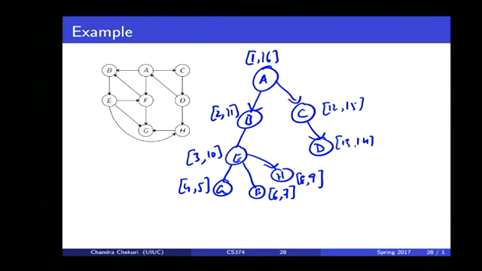Now let's do the same thing, but we start from some other node which is not in this. Say we start from, for simplicity, E, just to illustrate a point. Sorry?